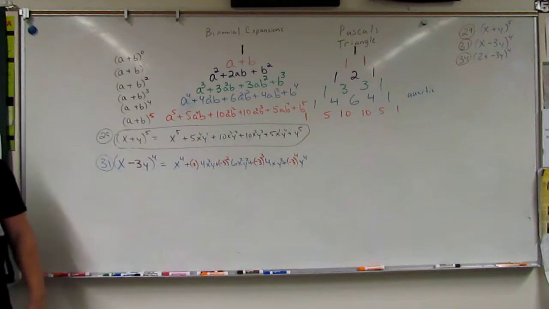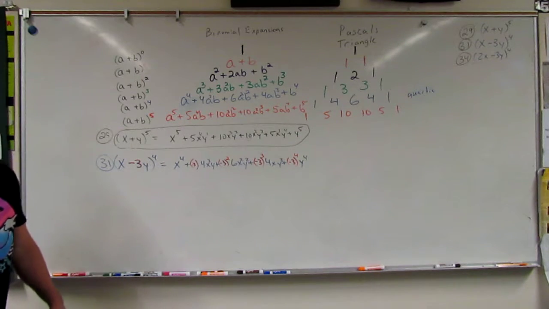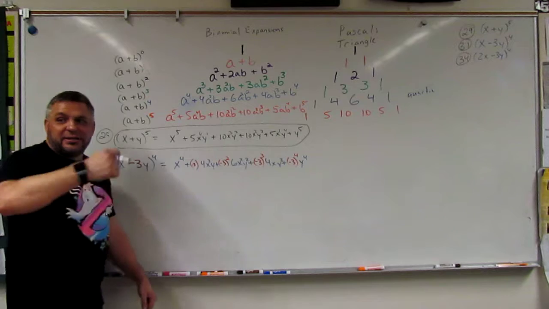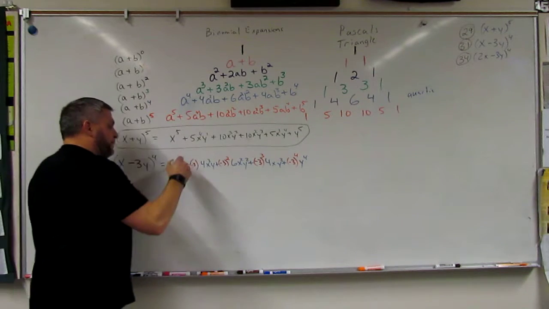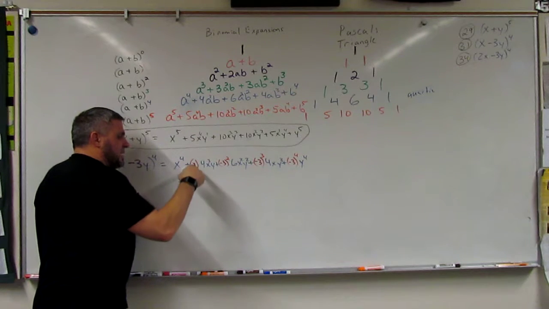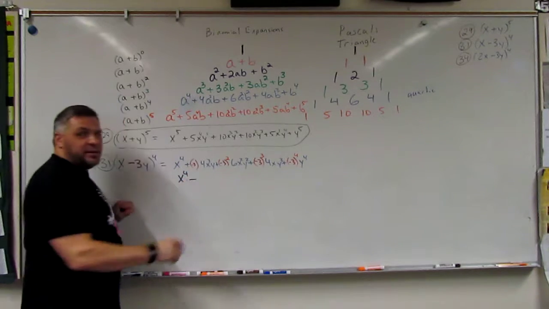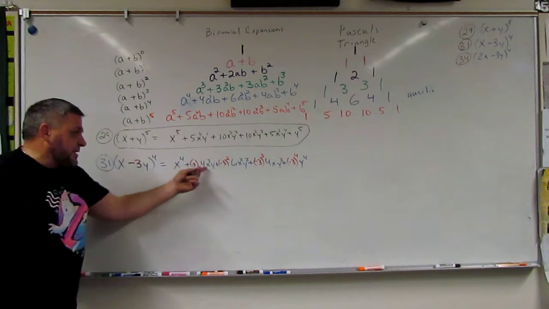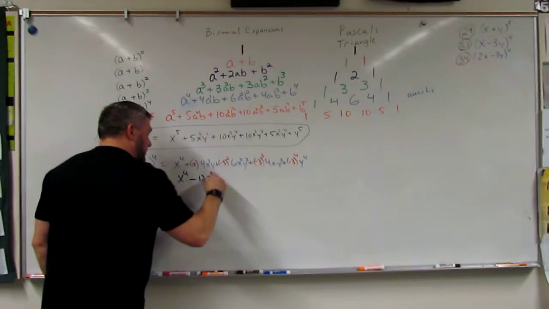It's not that bad though, guys. This is so much easier than doing it the long way. Believe me. So I have x to the 4th plus a negative, which is a minus, and then 3 times 4, x cubed y.